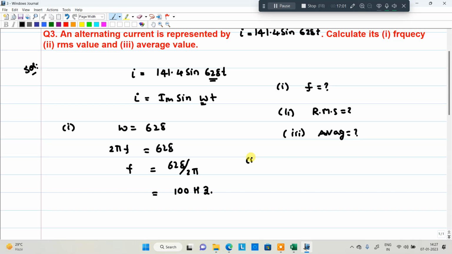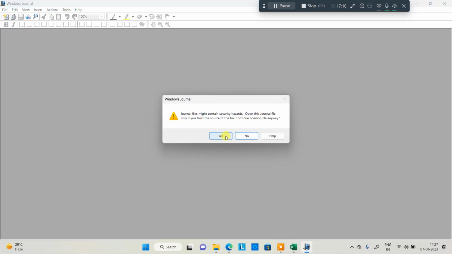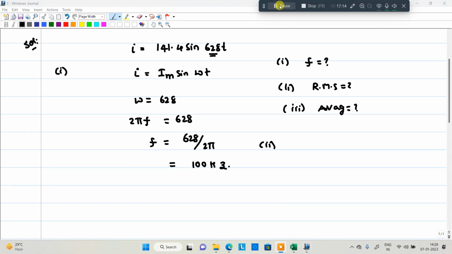Second, the RMS value. IRMS is equal to Im by root 2. What is Im? 141.4 divided by root 2. That will be approximately 100 amperes.